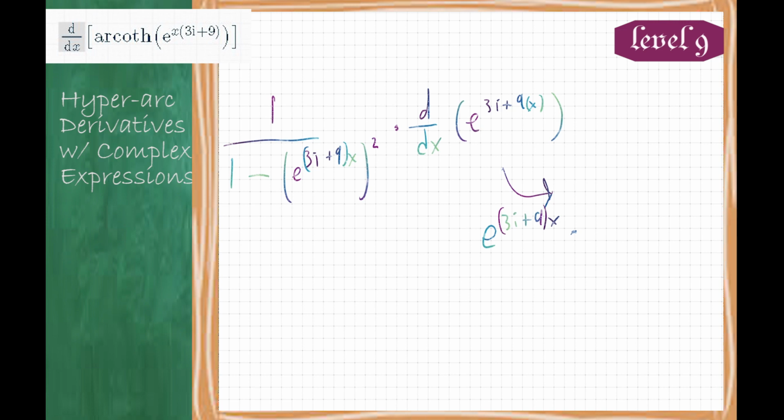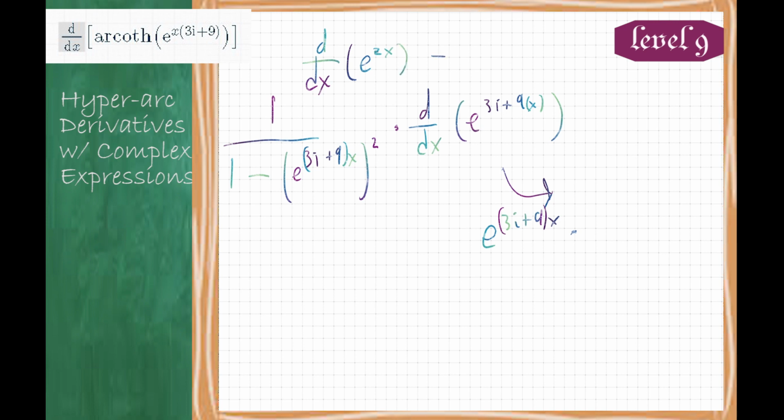Now for the derivative of this complex expression, there's actually a different rule you can follow. I'll link in the description how it's derived, where when you take the derivative of e to that expression times x, it will simply be equal to that expression times e to the expression times x.